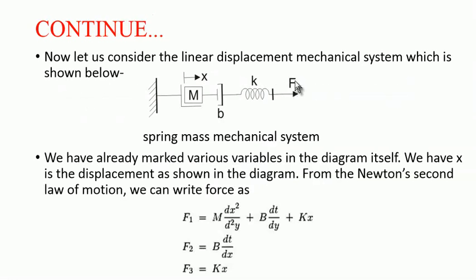This b is representing the damping, this is the spring and this is the mass. So f1 is considering all these parameters.